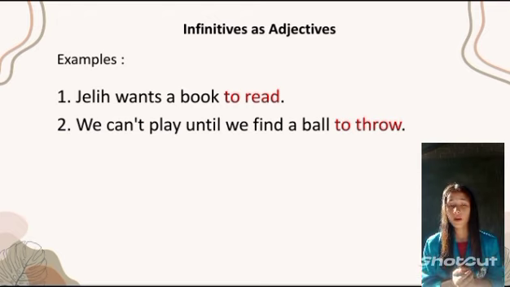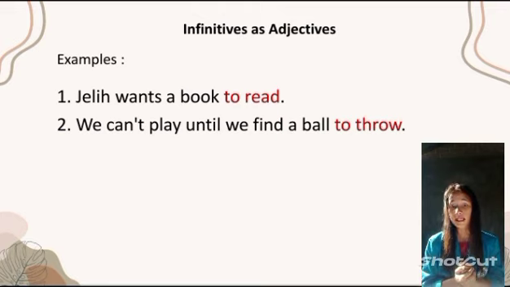Let's understand with one more example. We can play until we find a ball to throw. In this sentence, the verb is play, the object is ball, and we also see the infinitive to throw, which is describing the noun ball.